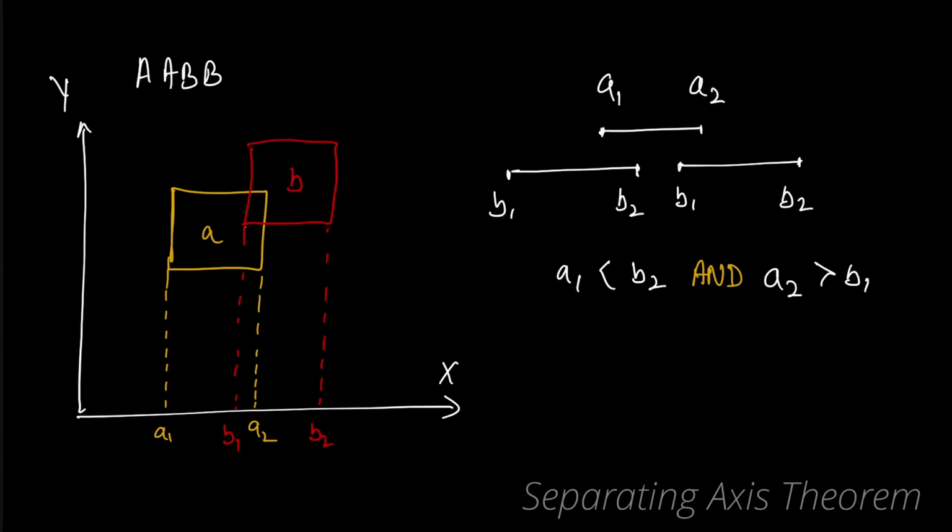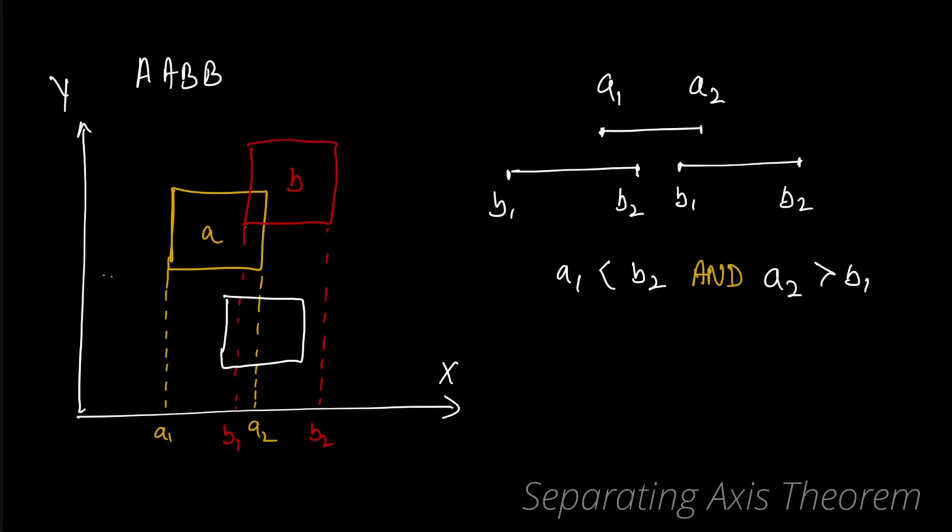So like in this case, for example, we have both x and y axis overlapping. Now let's say B1 was right here, or wait, let me put it down here. It was right here. If B was right here, then we know that there is overlap on the x-axis, but there is none on the y, right?